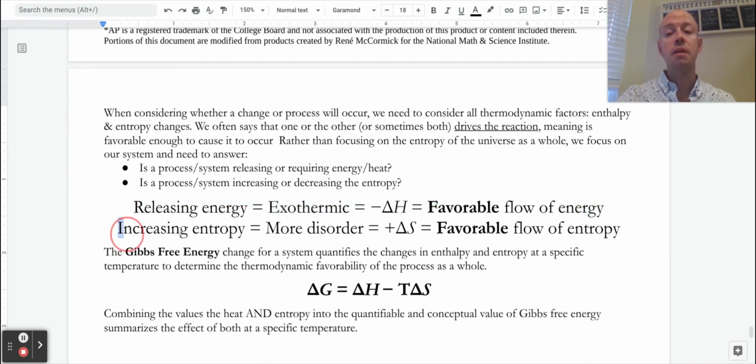Some reactions become more random or more disorderly or increase the entropy as we go. One chemical breaking into two, for example, water breaking into hydrogen and oxygen, breaks into more smaller pieces, into more random arrangements, into more entropy. That process increases the entropy of the overall system as well.